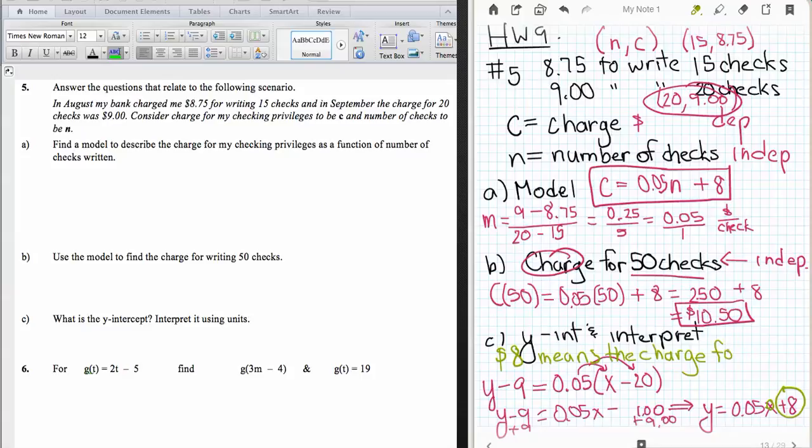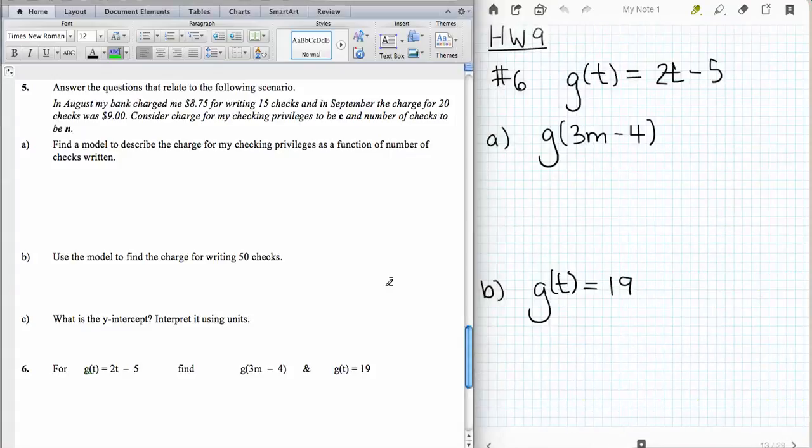So that's basically just the flat fee that the bank's going to charge me for writing checks. So there we go. That's my answer. $8 means the charge for 0 checks. And that's my y-intercept. All right, moving on.